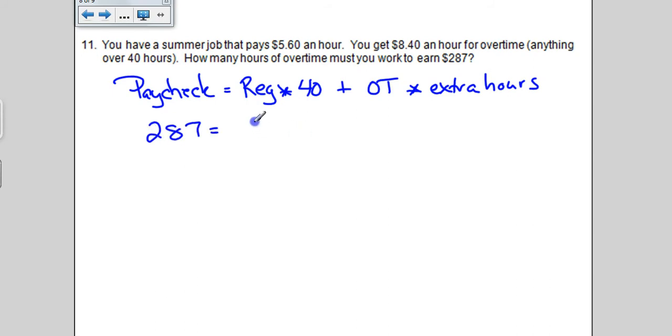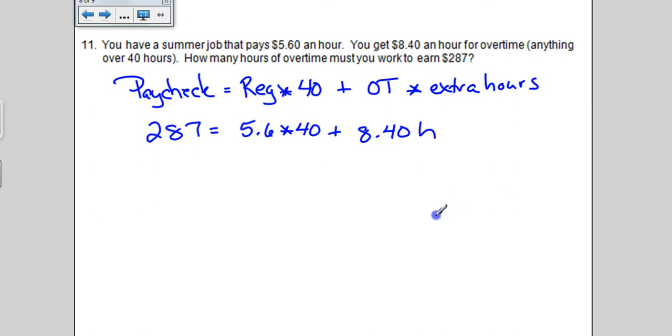And we know that the regular rate is $5.60. Now let's assume we're working overtime, which they kind of said we are. I do not know how many extra hours I'm working, but I do know that the overtime rate is $8.40. So it's going to be multiplied by how many overtime hours I work.